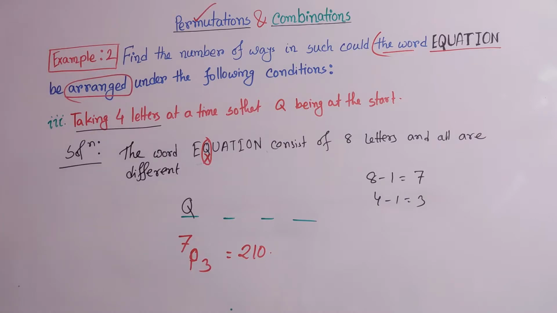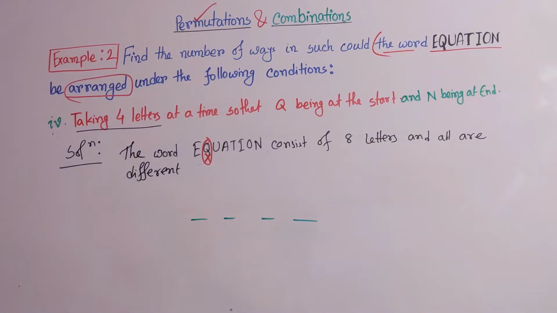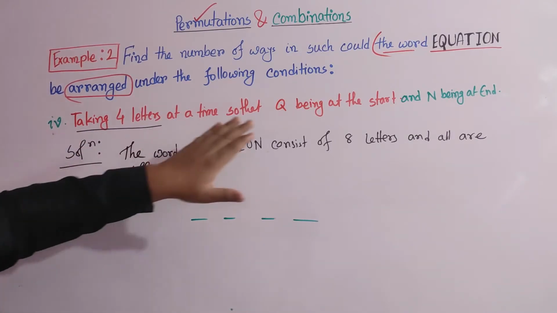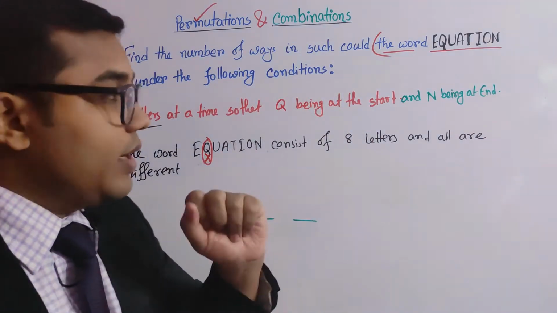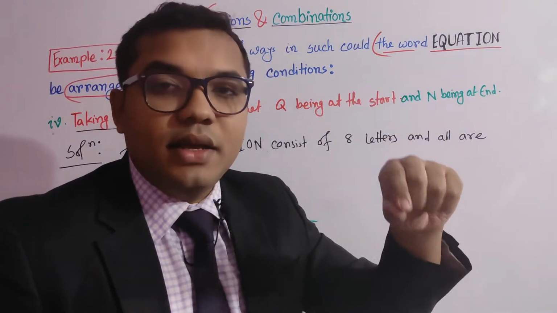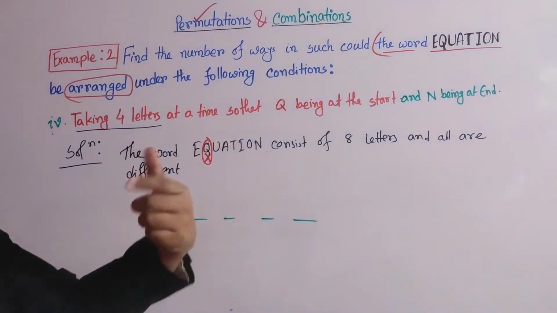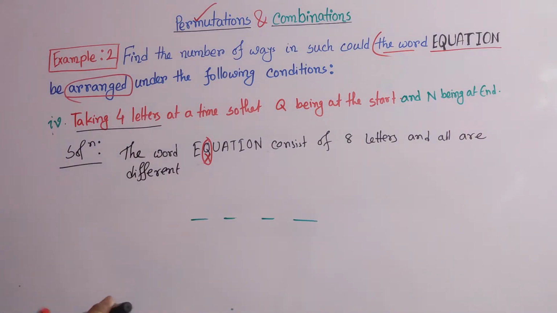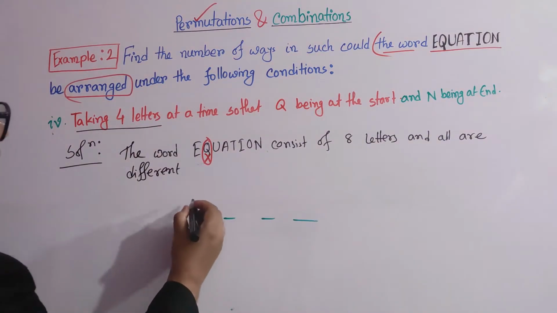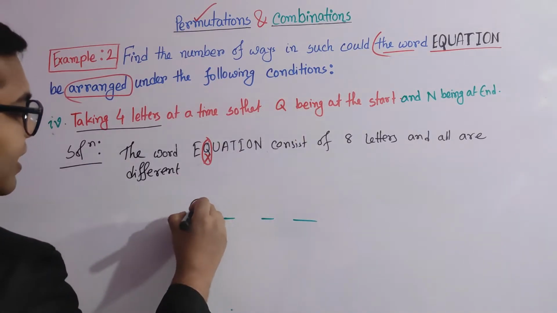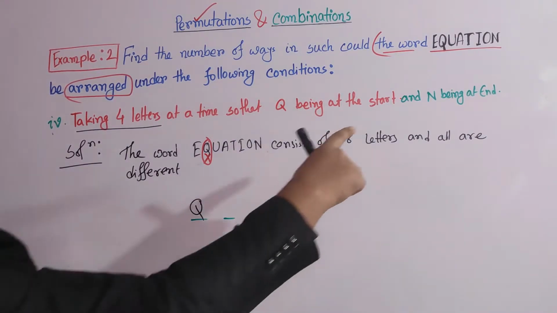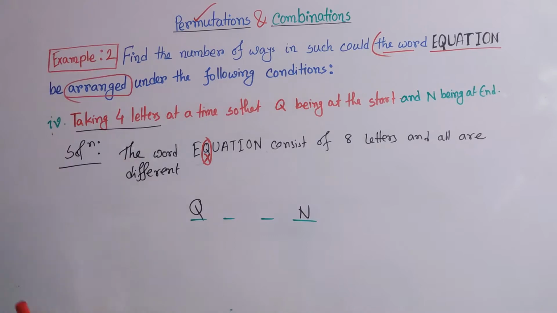In question number 4 there is a small difference. Question number 4 says Q being at the start, but N being at the end. What does it mean actually? It means that at the very first position Q will come, and at the last position N will come.